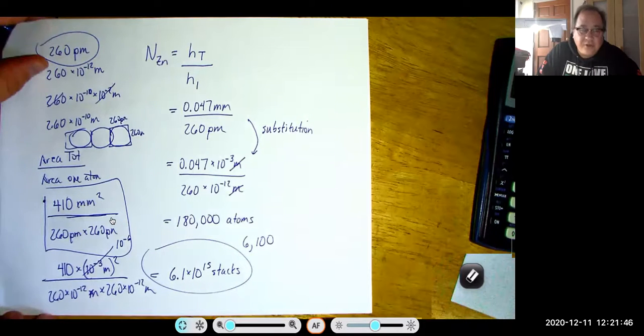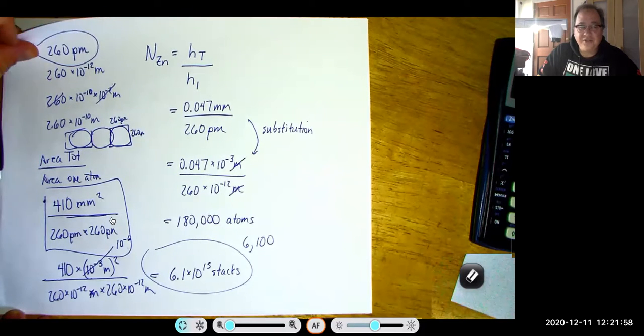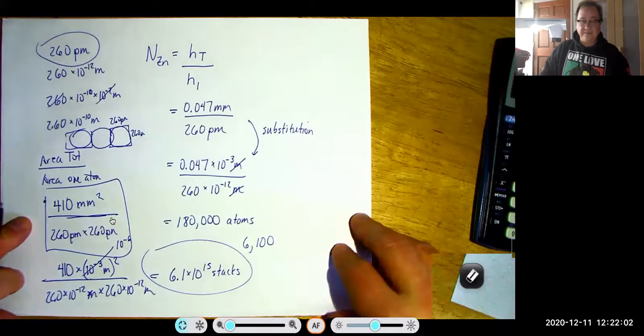So what this is supposed to do is give you an appreciation for just how tiny atoms are, that there are 180,000 in a stack, and there's so many stacks. Capiche? We good? Yes, thank you.